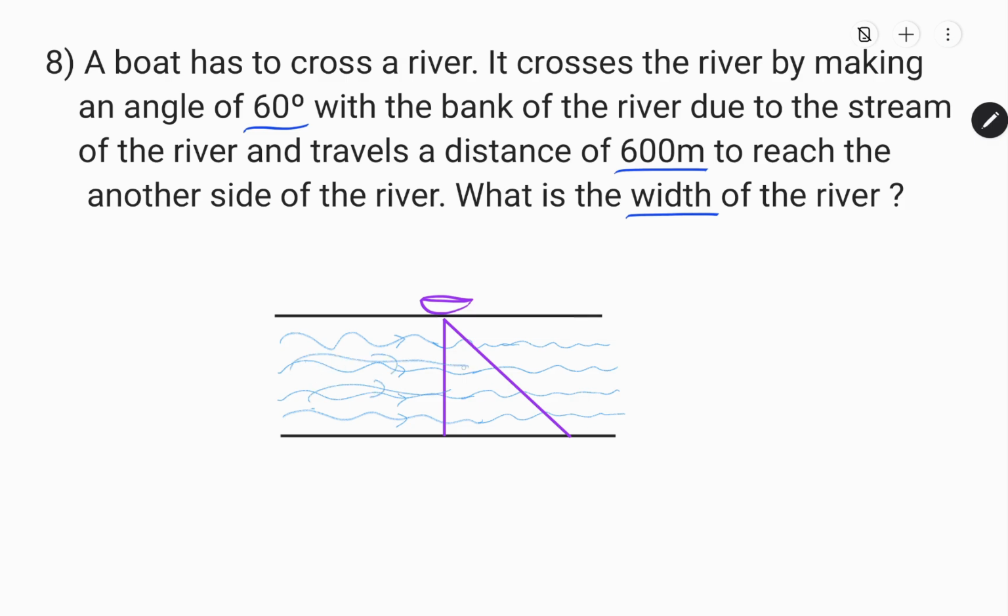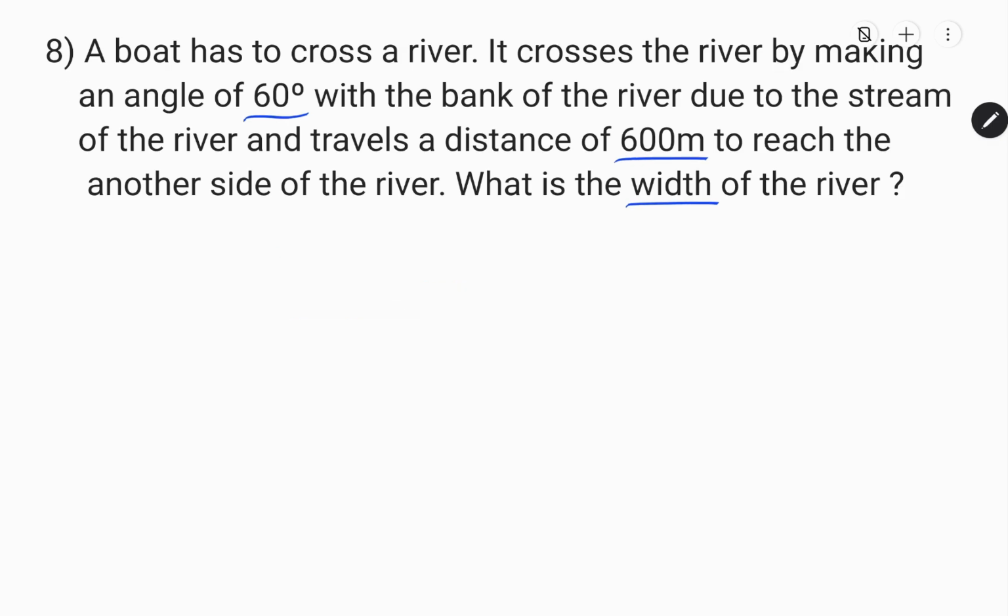That's why boat traveled 600 meters. Water flow pushes the boat and it travels 600 meters and it reaches here. Now we need to find this length, width of the river. I think you understand the question.